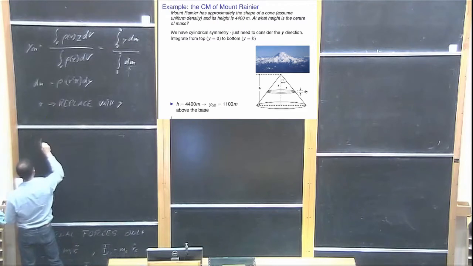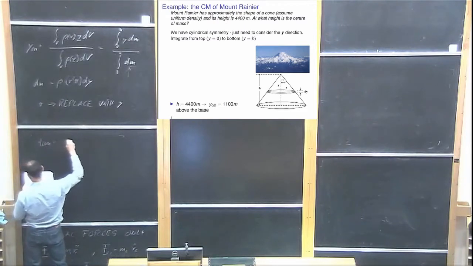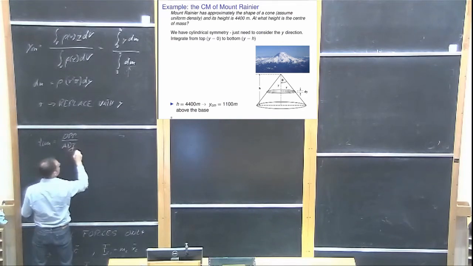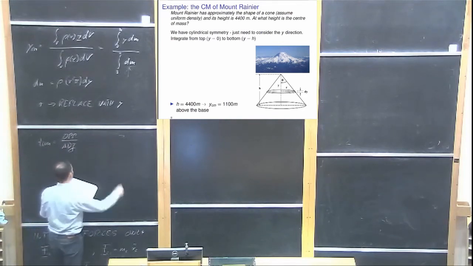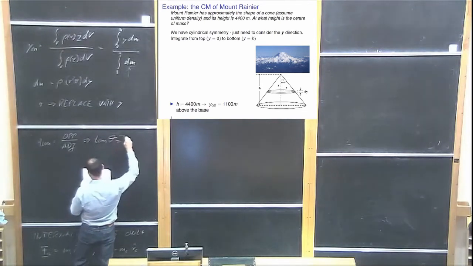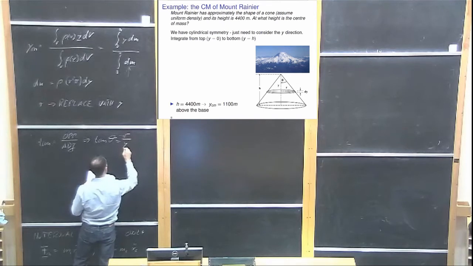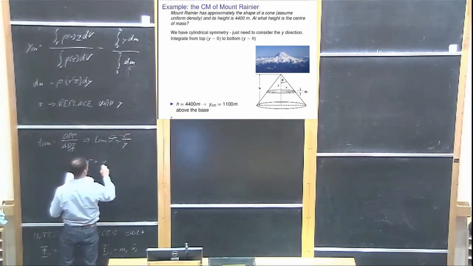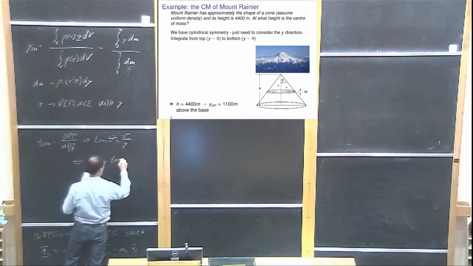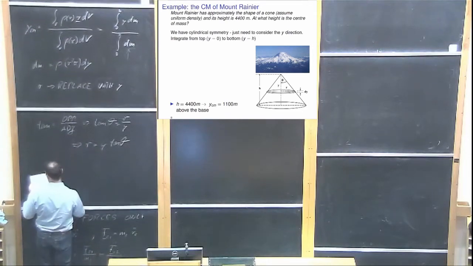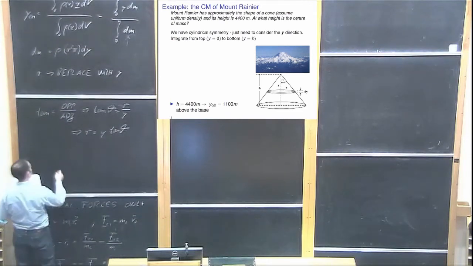So we had before that the tangent equals opposite over adjacent. And with that, we get tangent theta equals r over y. And with that, we get r equals y tangent theta, which we can then use in this equation.